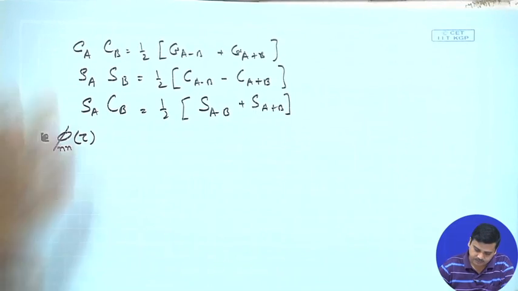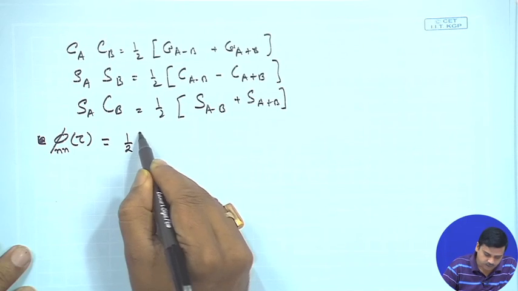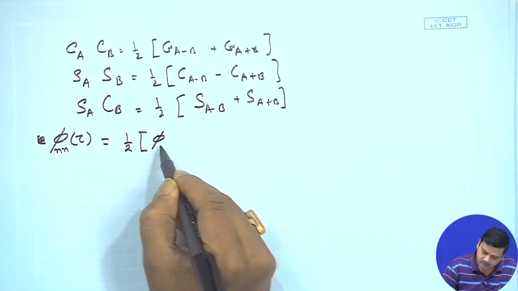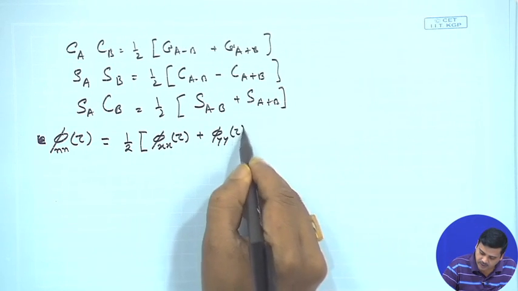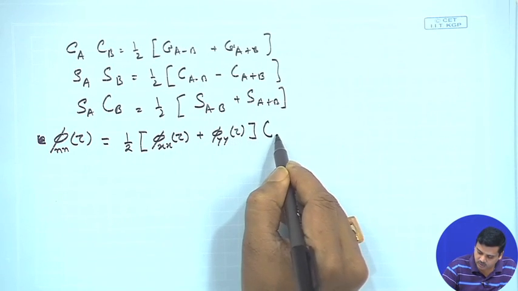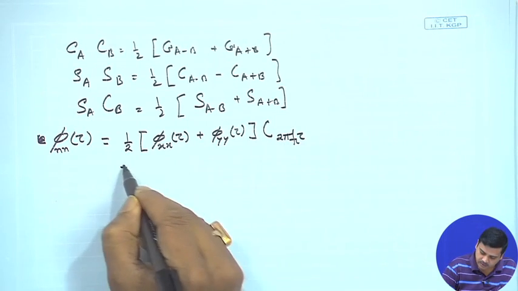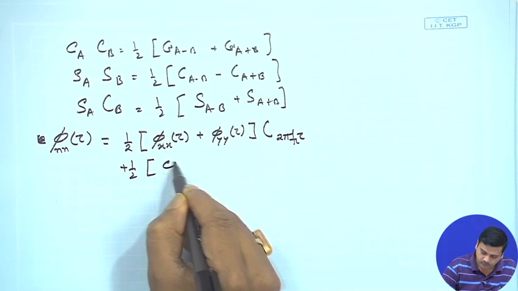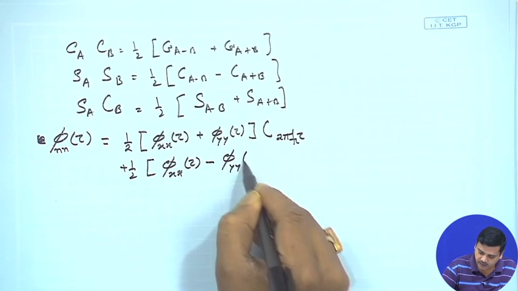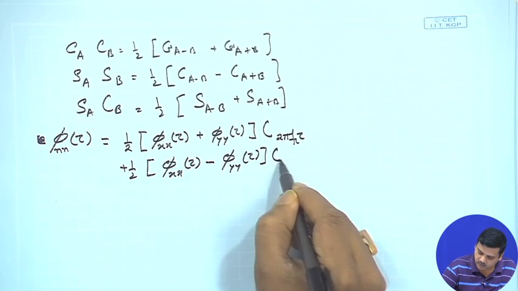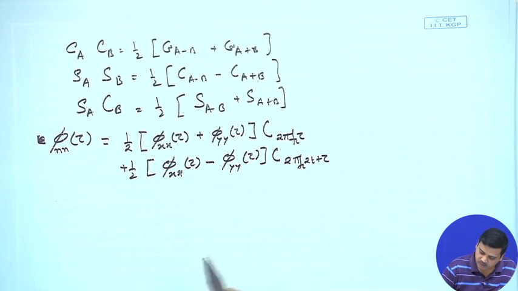So, that particular term, what we had before, would work out to half (phi_x of tau plus phi_y of tau) into cos 2 pi f_c tau, and you are going to get half (phi_x of tau minus phi_y of tau) into cos 2 pi f_c (2t plus tau).